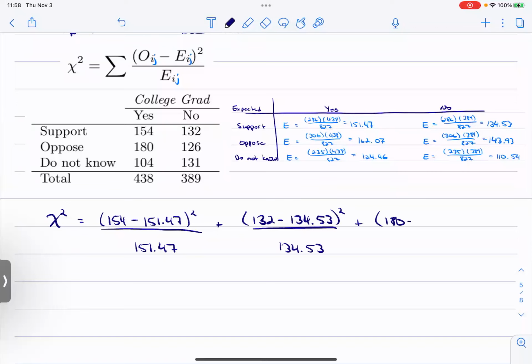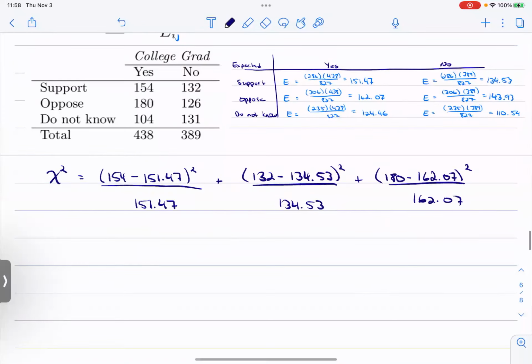This is where we started to get suspicious. Minus 162.07 squared over 162.07, plus 126 minus 143.93 squared.